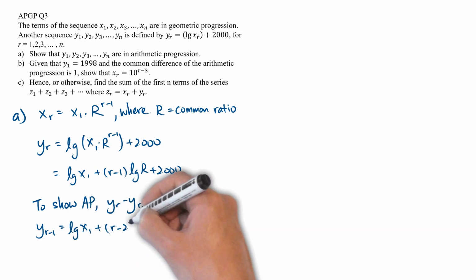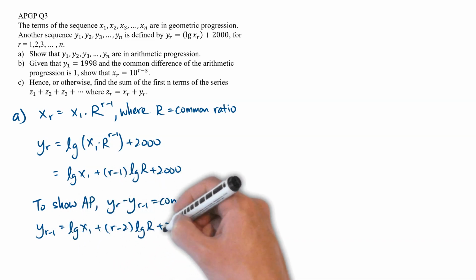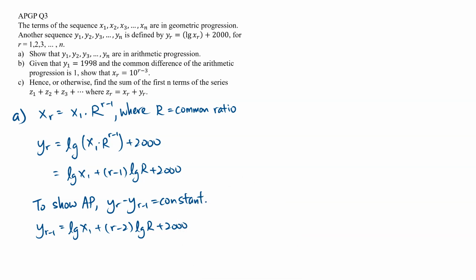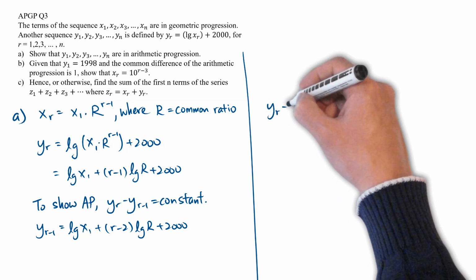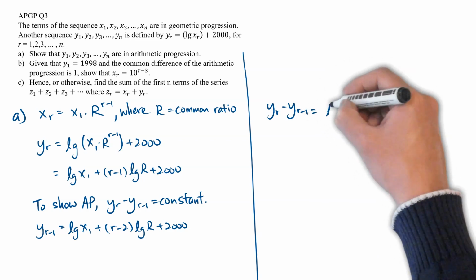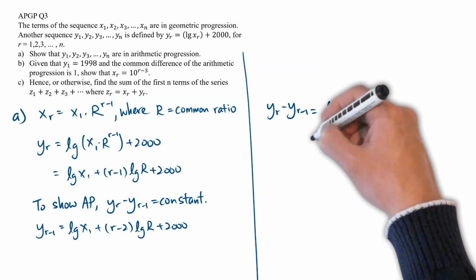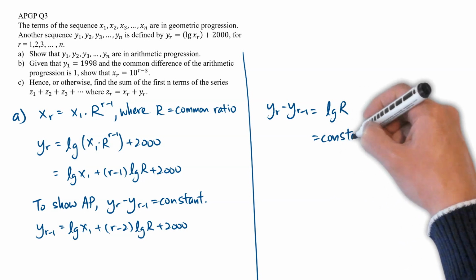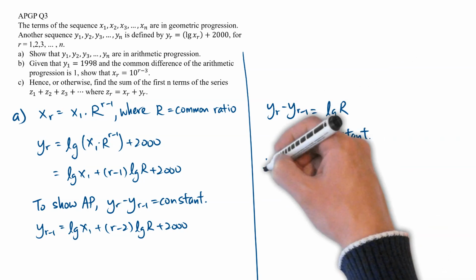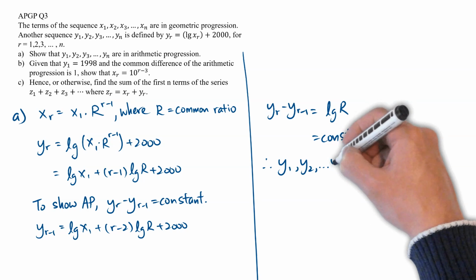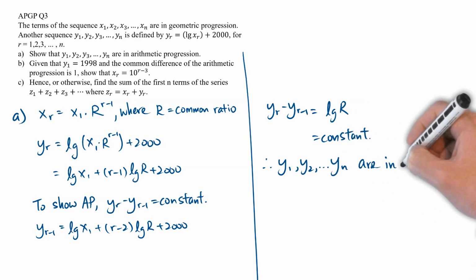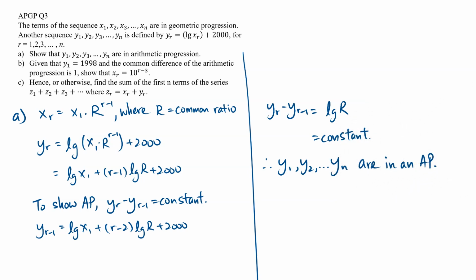And yr minus 1 will be equal to log of x1 plus r minus 2 times log of capital R plus 2000. Now that we have obtained yr and yr minus 1, we can proceed to find the difference between them, and the difference is shown to be equal to log of capital R. Since R is a constant, log of capital R will be a constant as well, and therefore y1, y2 all the way until yn must be in an AP.